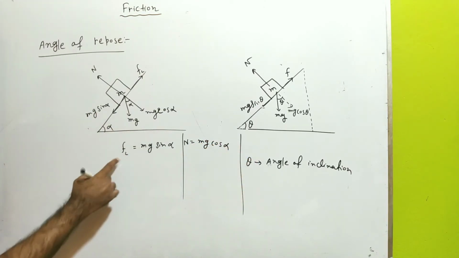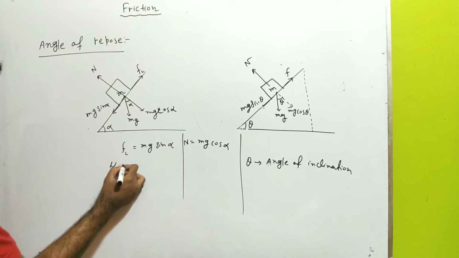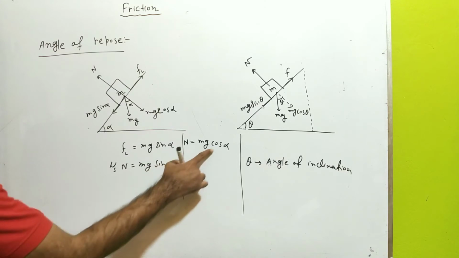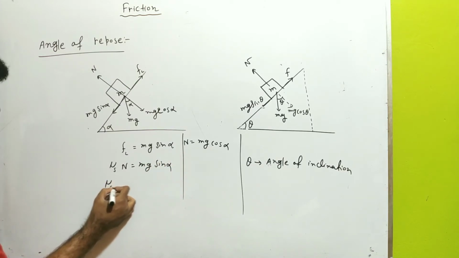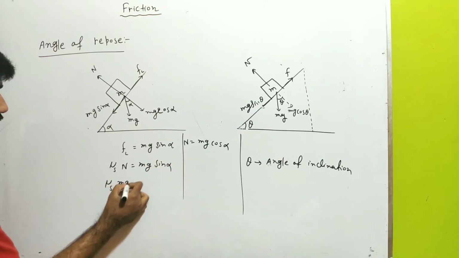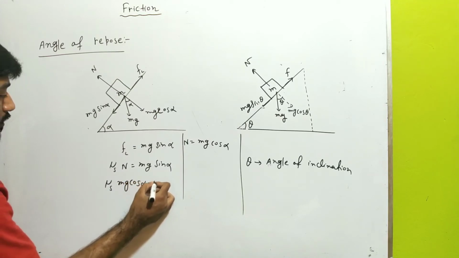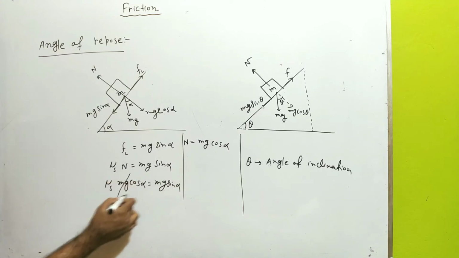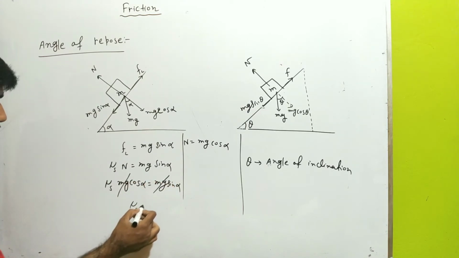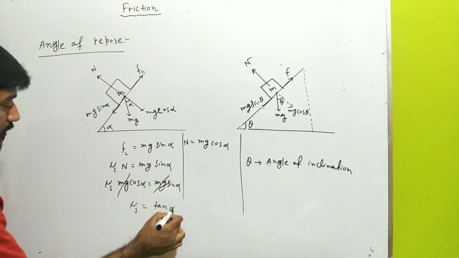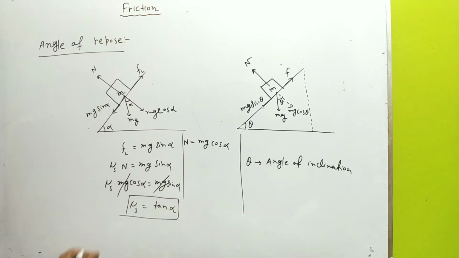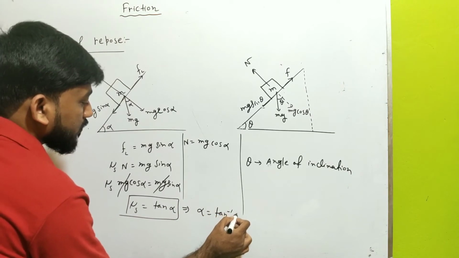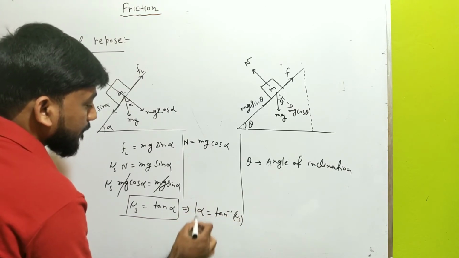Now as you know, FL is equal to mu s into N, that is mg sin alpha, and if we put this N here, then it will be mu s into mg cos alpha is equal to mg sin alpha. So mg will cancel out, and mu s will be sin alpha upon cos alpha, that is tan alpha. So alpha is equal to tan inverse mu s.